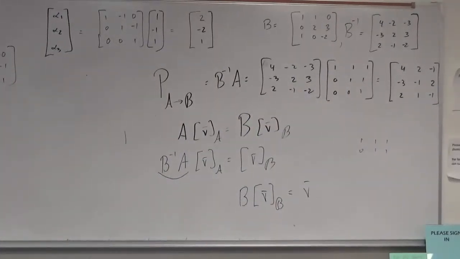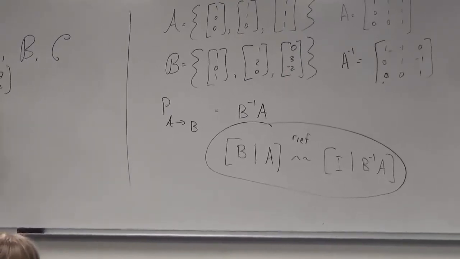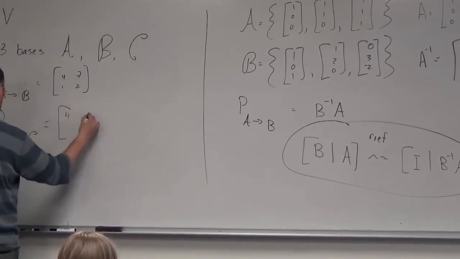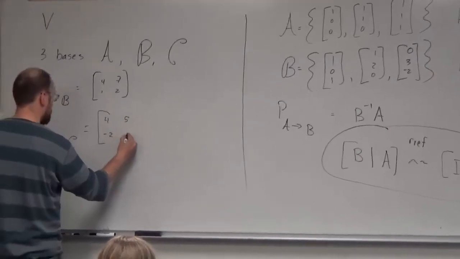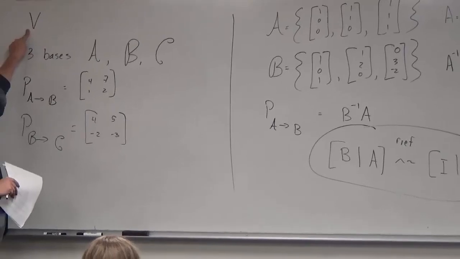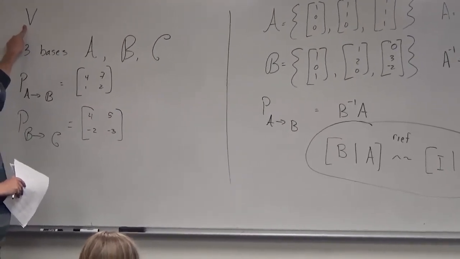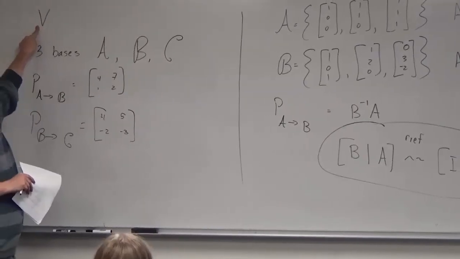So then we had a transition matrix from the basis B to basis C. What's the dimension of my vector space, by the way? We do know.